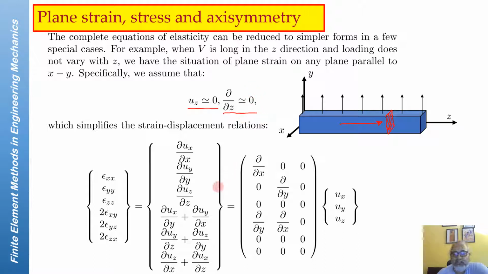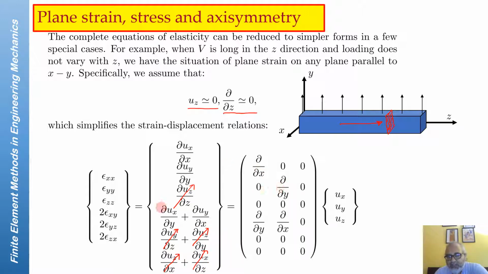Then you can do this reduction in the strain displacement relationships first. So del z is 0, del z is 0, del z is 0. So these immediately fall off. Then uz is 0, so this falls off, this falls off as well. So these become zeros completely.